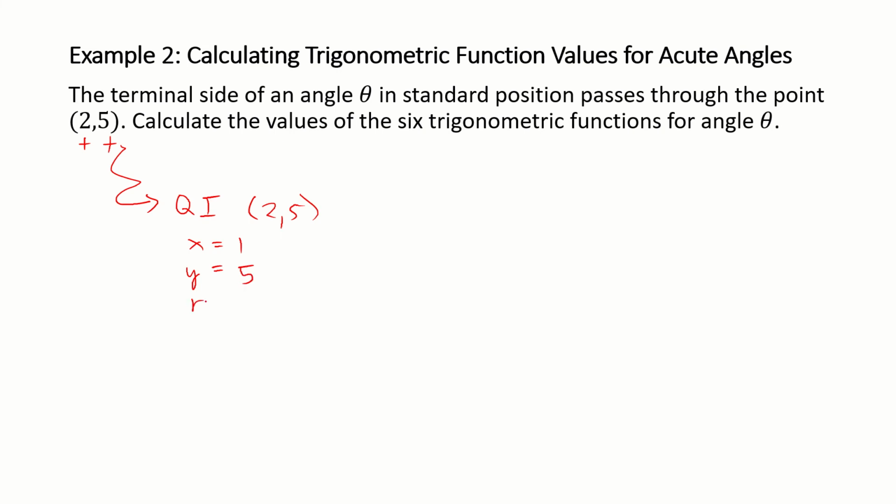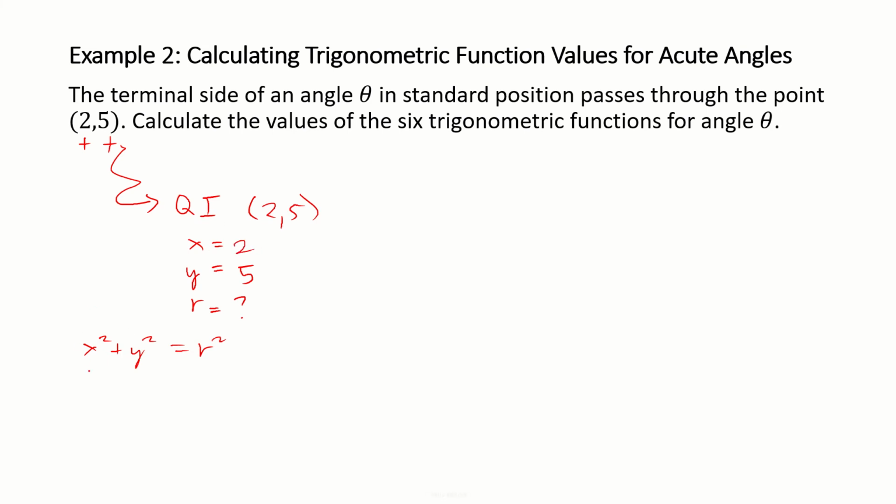So we need to figure out what's our r so that we can figure out the six trigonometric functions. We're going to use the equation of the circle. x squared plus y squared is equal to r squared, where x is 2.